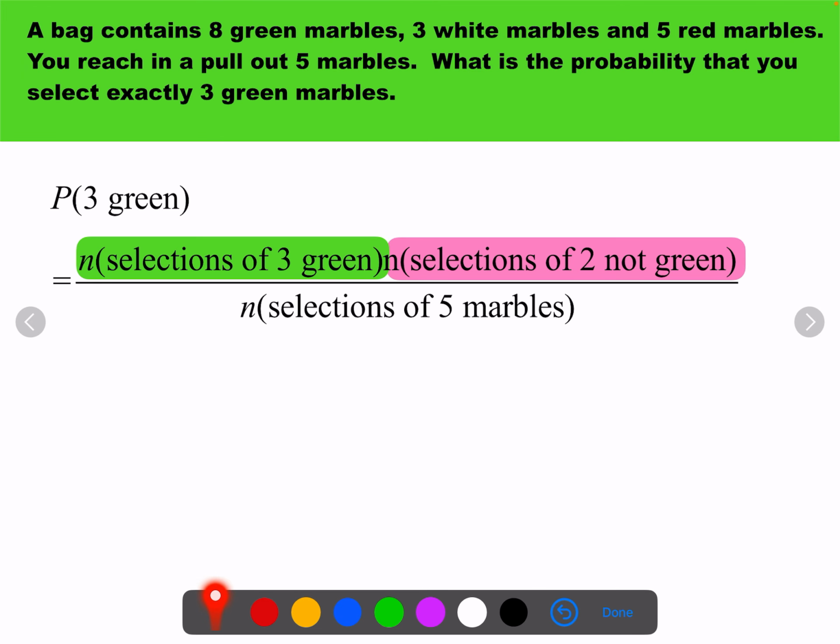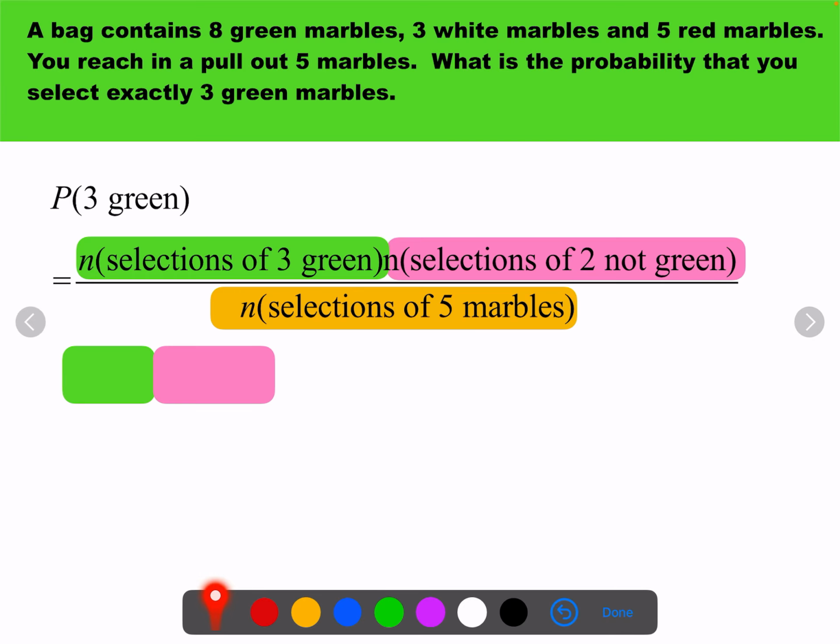Then I'm going to do my number of selections of not green. There are 3 and 5, so that totals to 8. So I'm going to do 8 choose 2, over top of the total number of marbles, 16, choose 5.